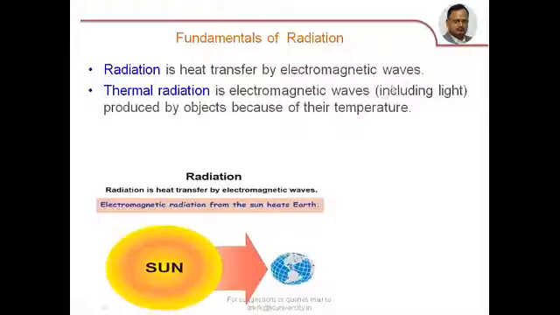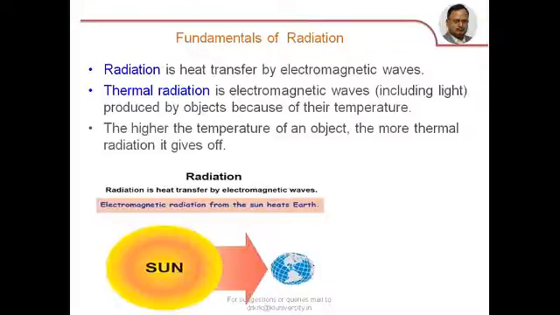These waves carry the energy in the form of photons, and all bodies, by virtue of their temperature being greater than 0 Kelvin, continuously emit energy in all possible directions, and that mode of heat transfer is called radiation.